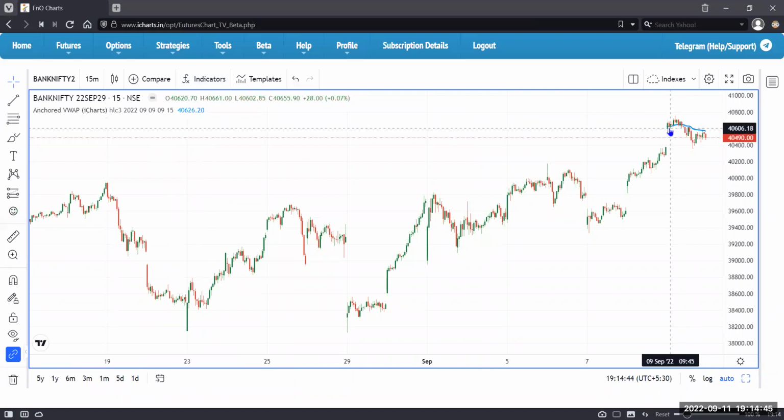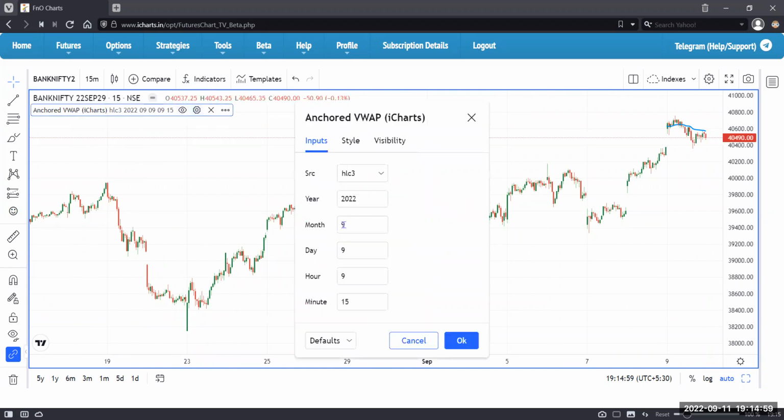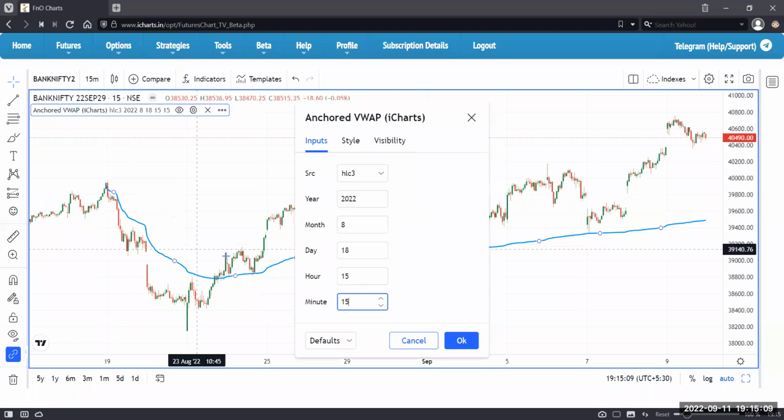By default, it will add from the current day's start, 9:15. So you just have to set it in the indicator parameters to 18th August, 15:15. You click here once the AVWAP is added, and it will get set to this.